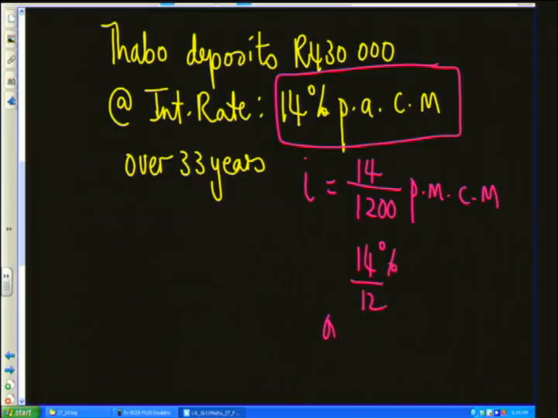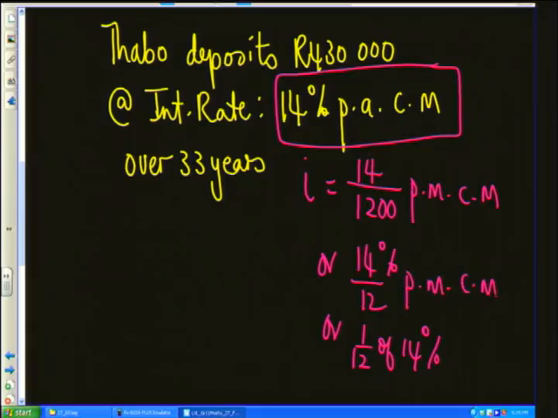Or you could look at it as 1/12 of 14%, whichever way you like it. These are all the same thing. I'm taking 1/12 of 14%, so this will be my monthly rate, and this will be per month compounded monthly. So it's just over 1% per month compounded monthly.